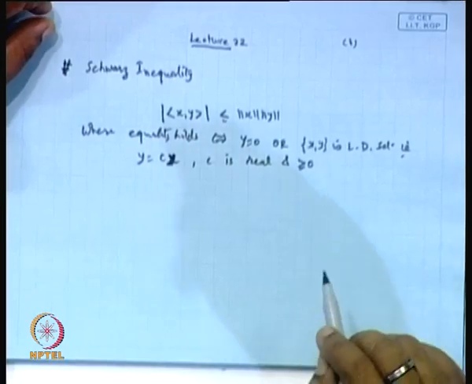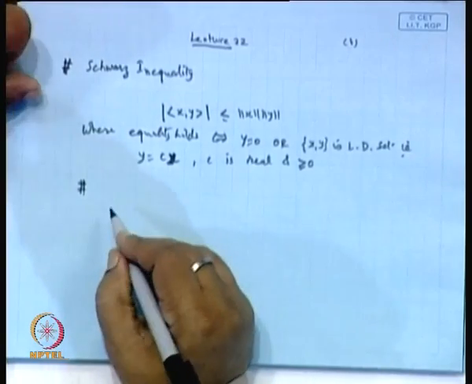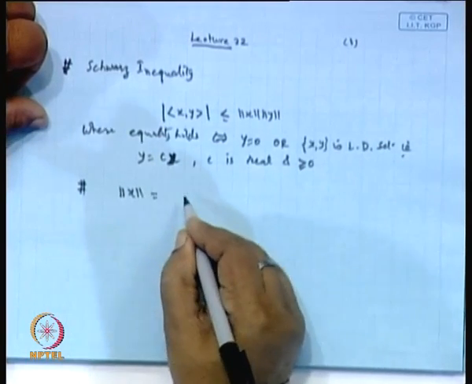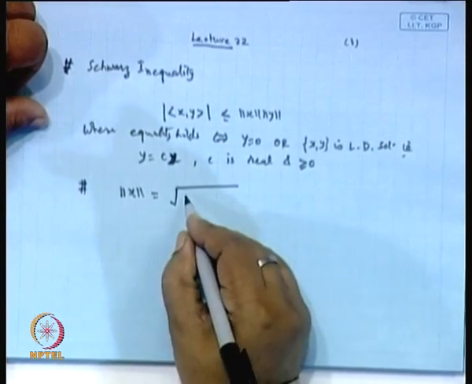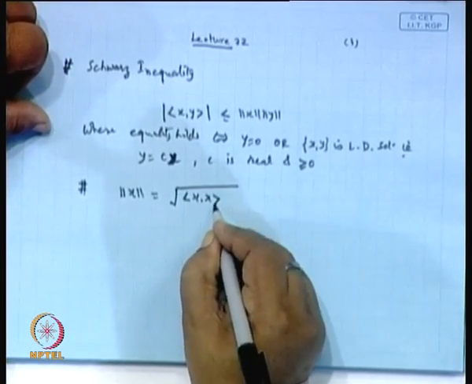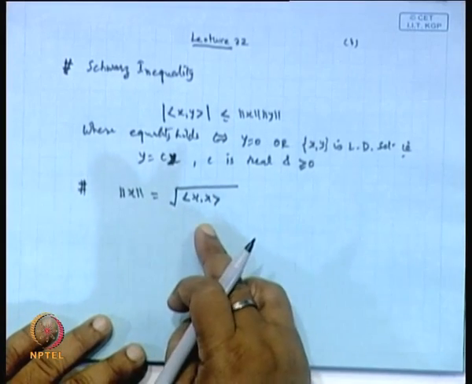will be used to establish the triangular inequality, which will be helpful in justifying that the norm can be written in terms of the inner product. When we introduced the concept of the inner product, we also defined the norm of x as the square root of the inner product of x with x, because this is a non-negative quantity, greater than or equal to 0.